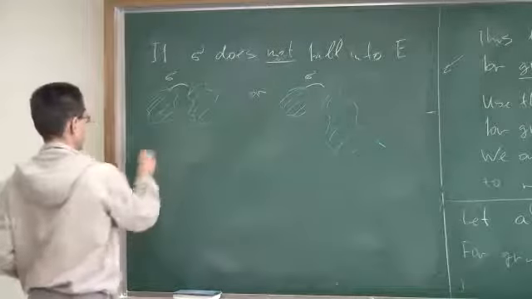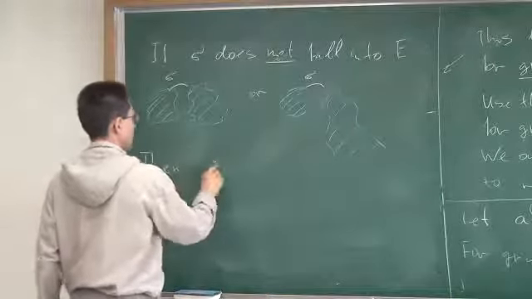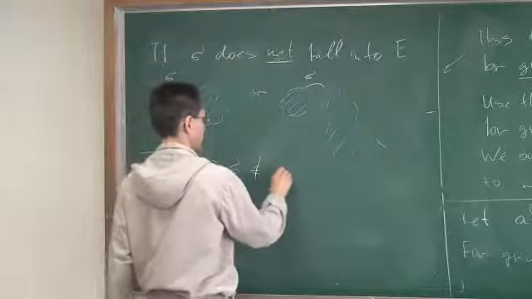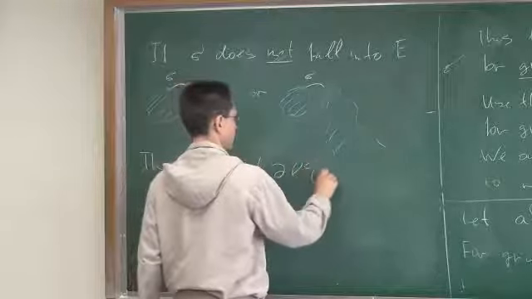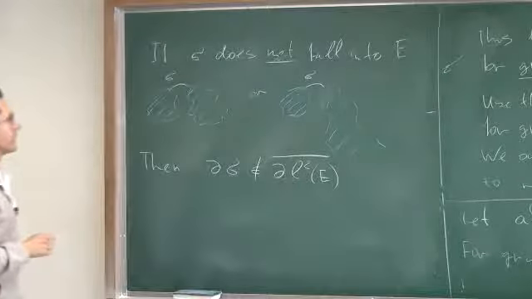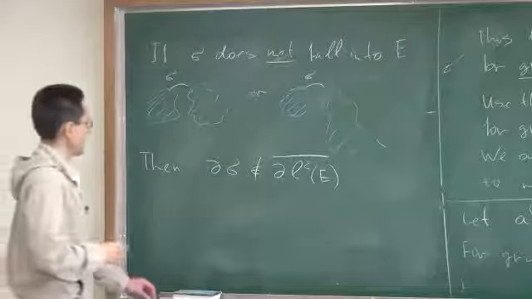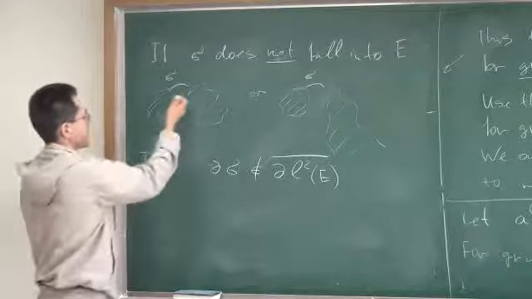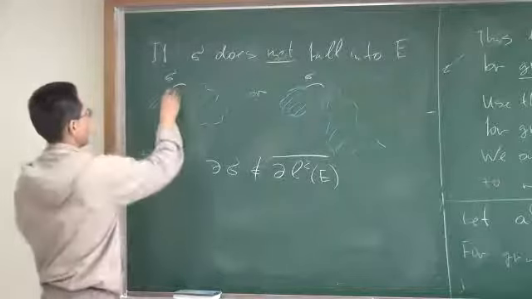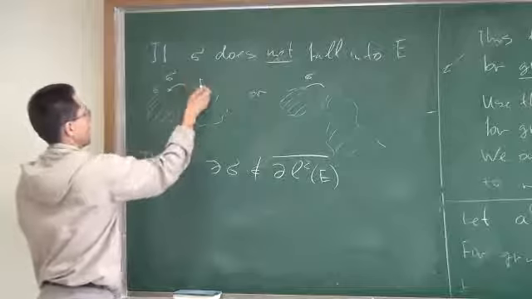In this case, we claim that the boundary of sigma does not belong to the boundaries of L2 of E. So how do we check this? Take the boundary of sigma. It's the difference of sigma plus minus sigma minus.